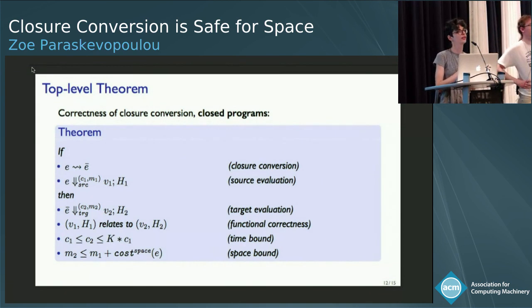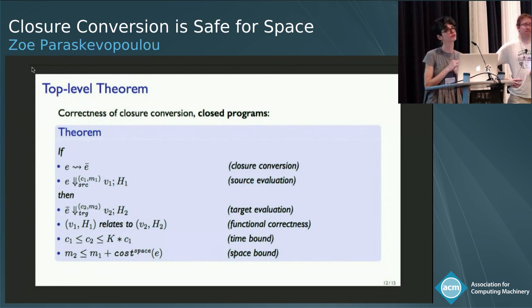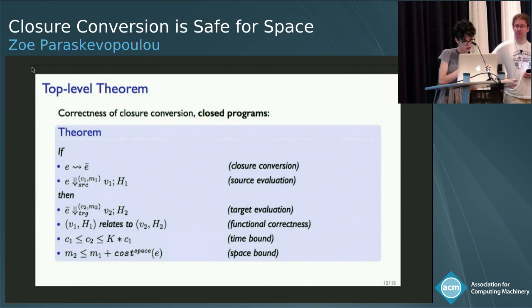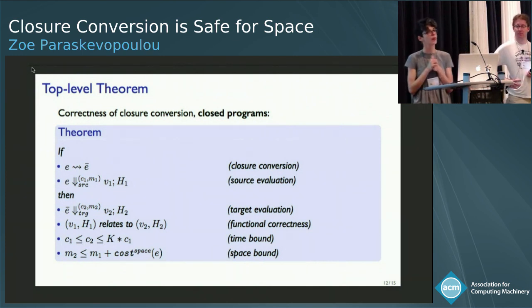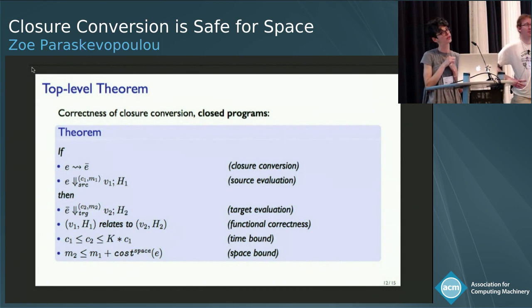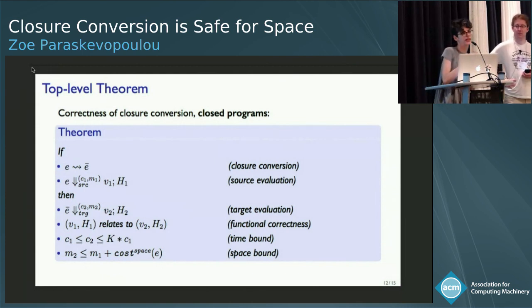Okay, and then a tiny thing. I'm a little concerned that your cost space depends on E. It just seems a little concerning because there always is going to exist a cost space of E that verifies this, right? You give it an M2, you give it an M1, you can always find the cost space of E. So what exactly? I'm not sure I understand that.